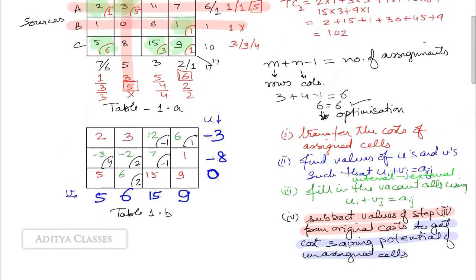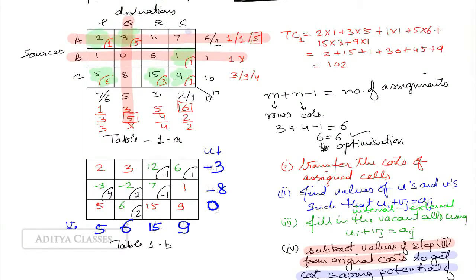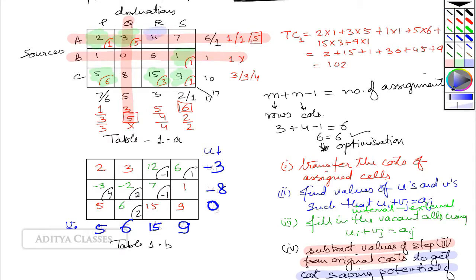Now, cost saving potential of unassigned cells, if you have a look closely, these are, oh, sorry, I used the eraser. These are unassigned cells. The subtractions that we have made are actually unassigned cells in the original matrix. What do I mean by unassigned cells? Unassigned cells mean that in IBFS, I did not find them attractive.